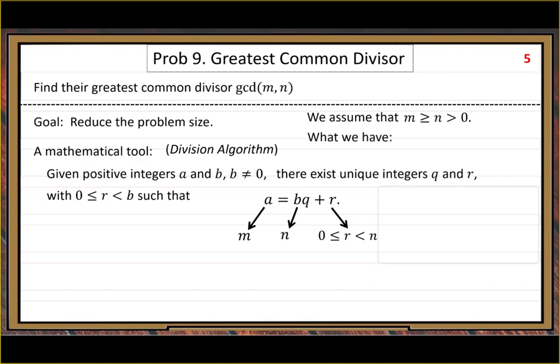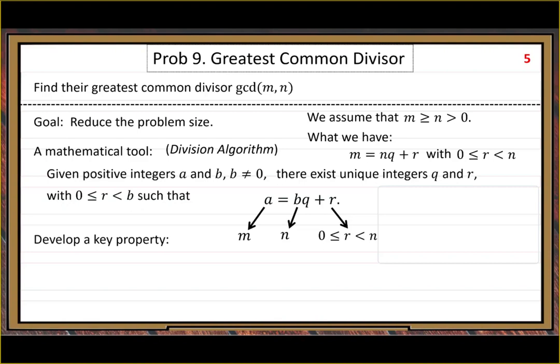Now we try to simplify the GCD function representation using this integer division representation, m equals nq plus r, with r between 0 and n, but strictly less than n. Now the simplification part.